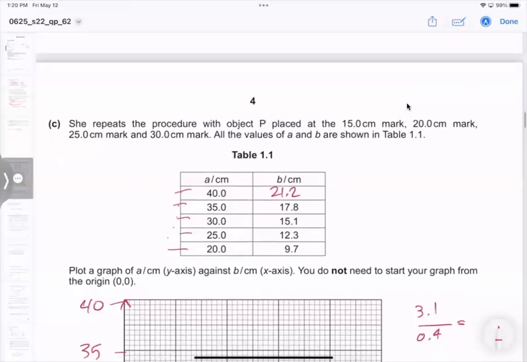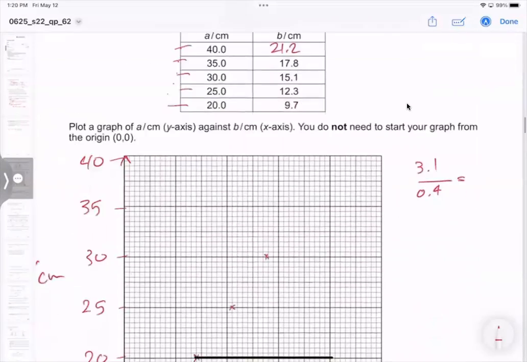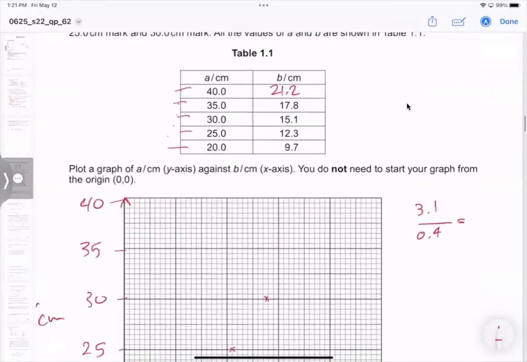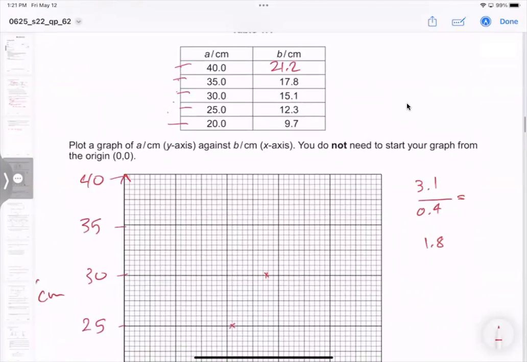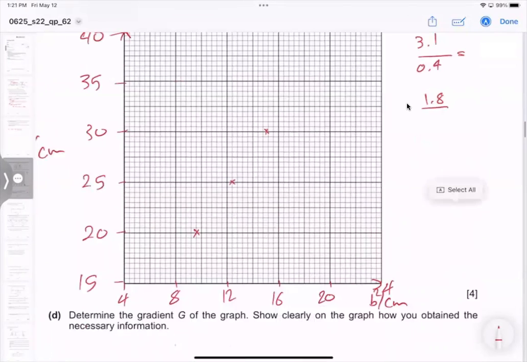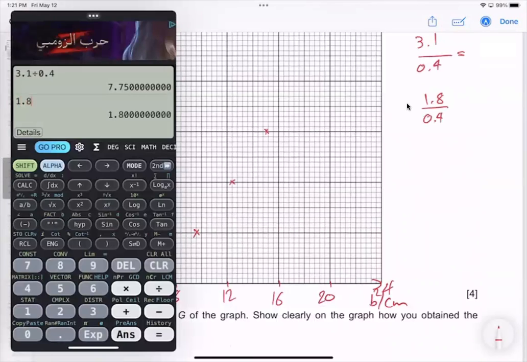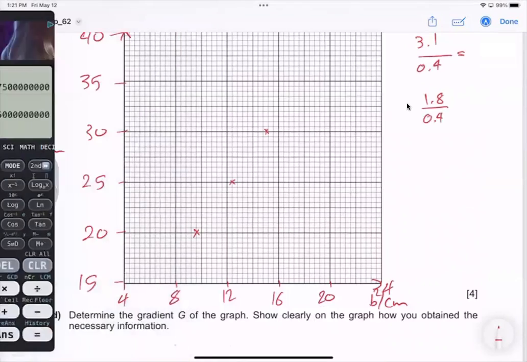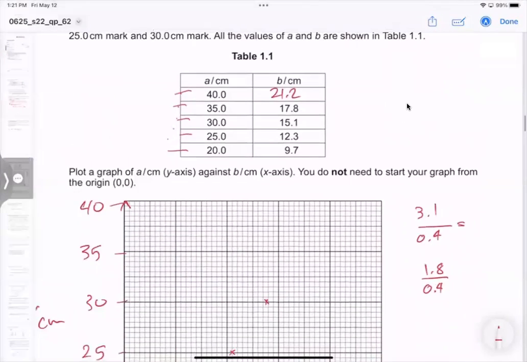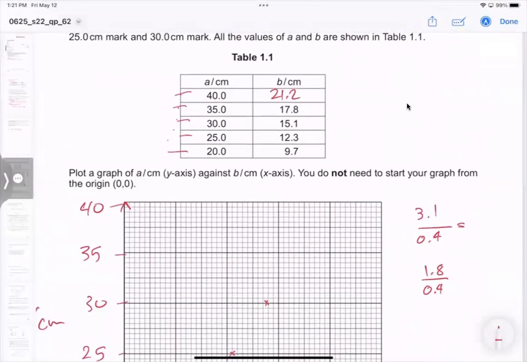And then 17.8. The difference between 16 and 17.8 is 1.8. 1.8 divided by 0.4 equals 4.5. So I'm going to move 4.5 at 35: 1, 2, 3, 4.5.